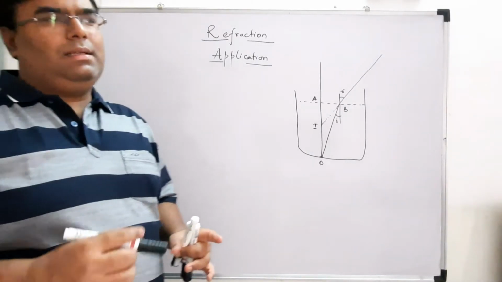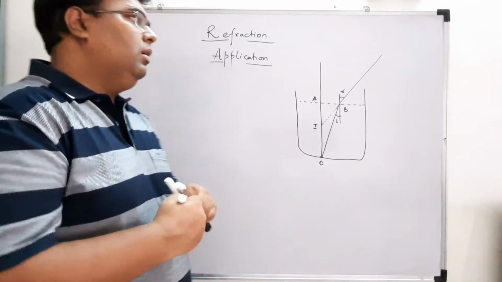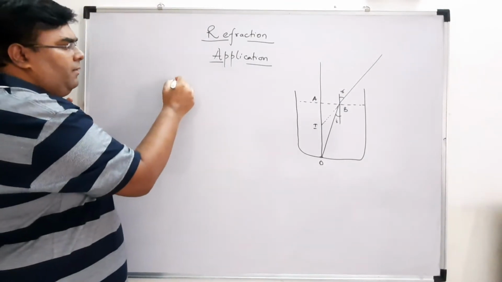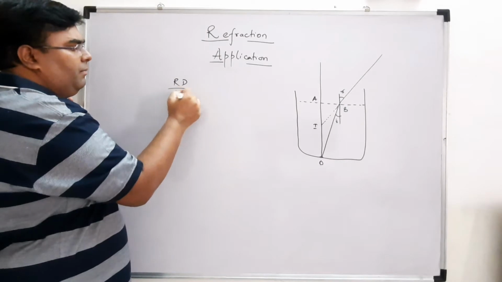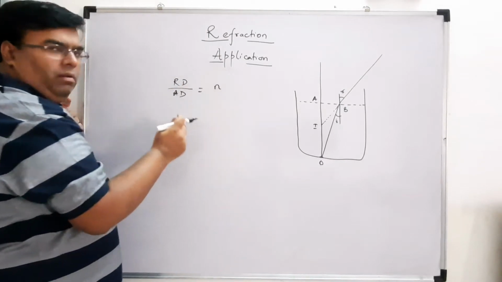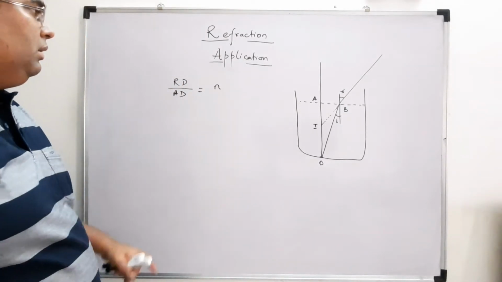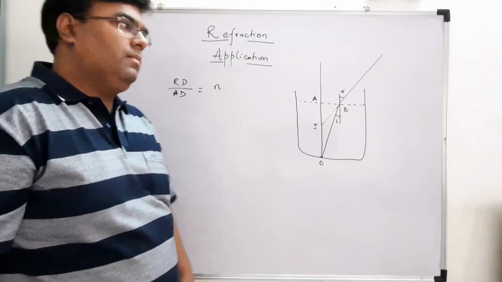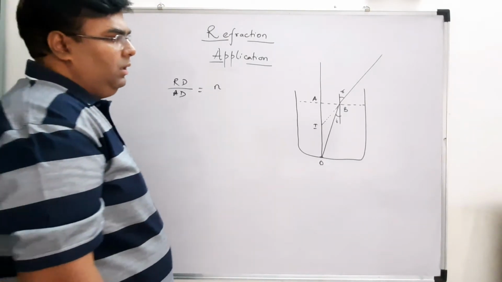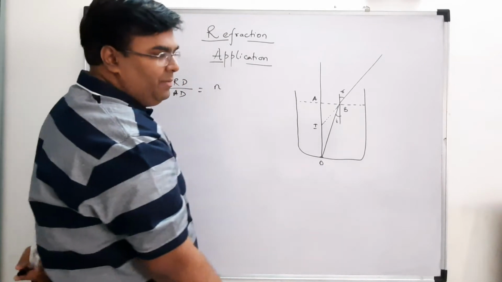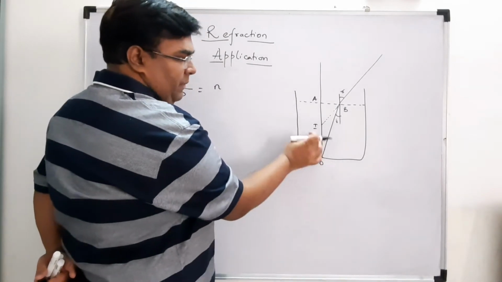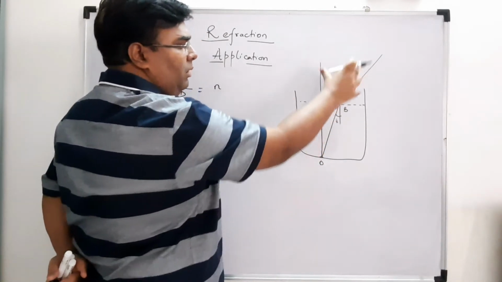Okay, let us understand how the formula, real depth upon apparent depth is n, the refractive index of the medium. Let us derive this formula first. If you look at this whole arrangement again, this is my coin, this is my image, and we are looking from outside.